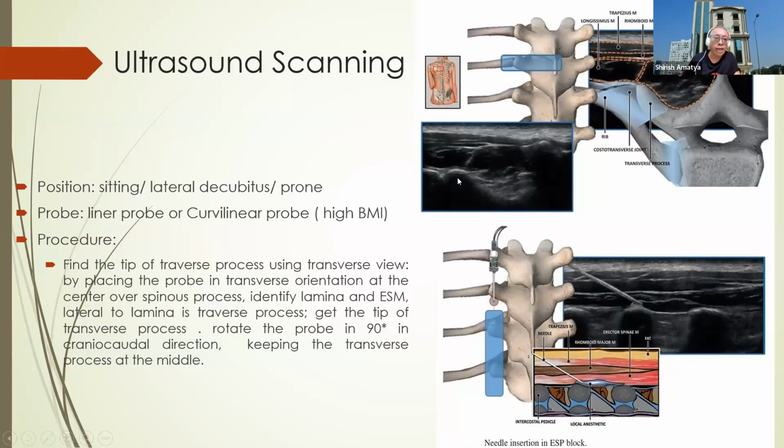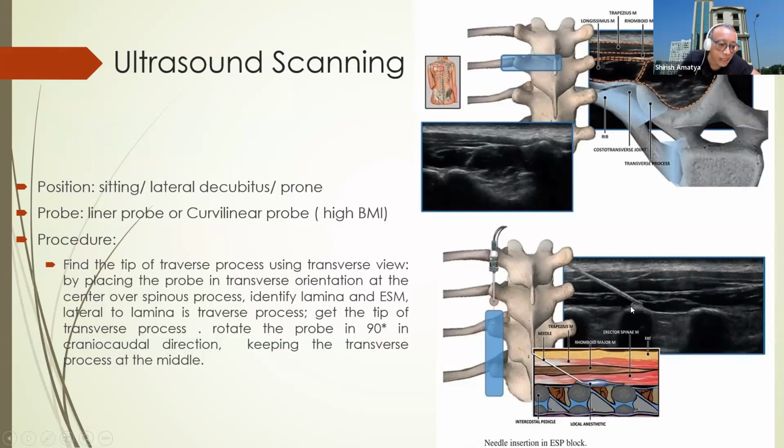And when we achieve this, we can rotate the probe 90 degrees to get the sagittal view of the transverse process. Once we get the sagittal view of the transverse process, we can easily insert the needle in plane, from cranial to caudal or caudal to cranial direction. You can see here the needle is placed just over the tip of the transverse process, below the anterior or deepest part of the erector spinae muscle.